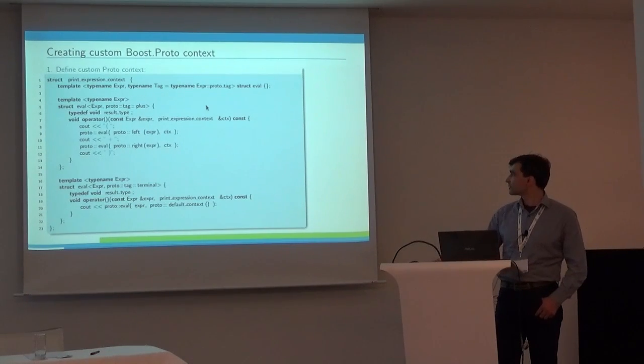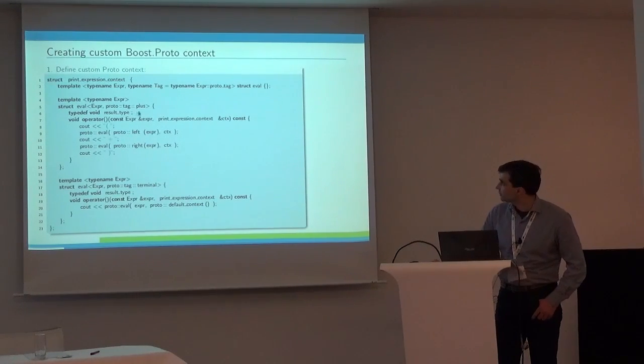And this context is actually the copy of the global context that you provided to the proto::eval function. So here we just do the same thing that we did with the basic implementation. We output some boilerplate code, and we ask our children to do the work within the same evaluation context. And this is for expressions with tag plus.